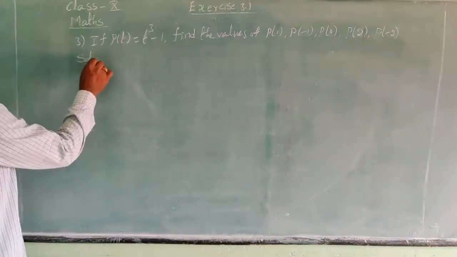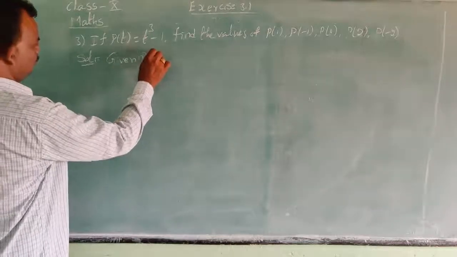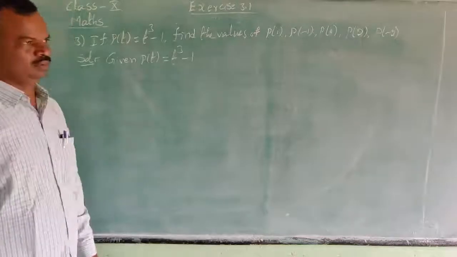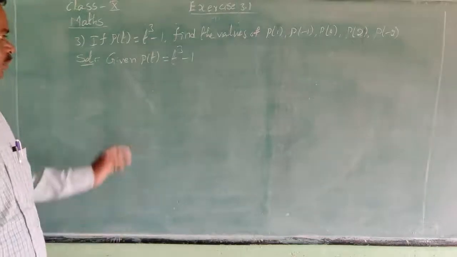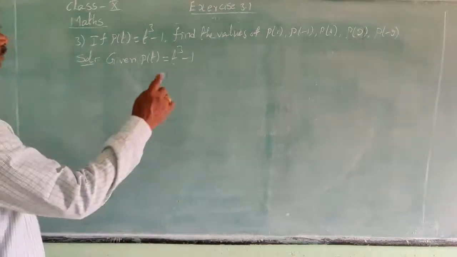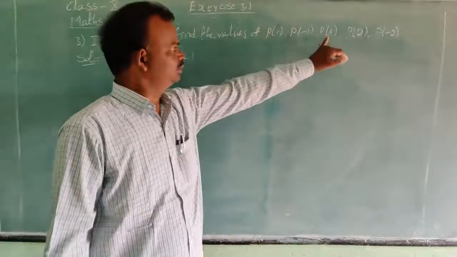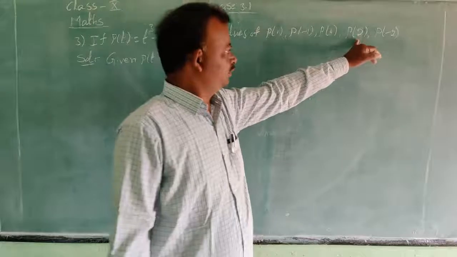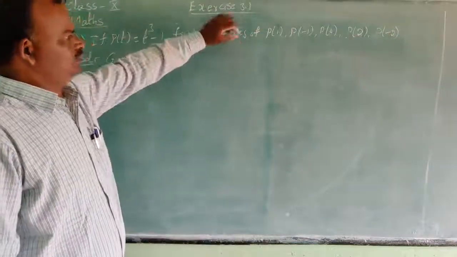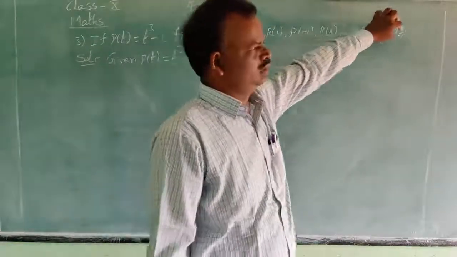Solution. Given p of t is equal to t cube minus 1, we will find the values of p of 1, p of minus 1, p of 0, p of 2, p of minus 2. So we are substituting the values 1, minus 1, 0, 2, minus 2.